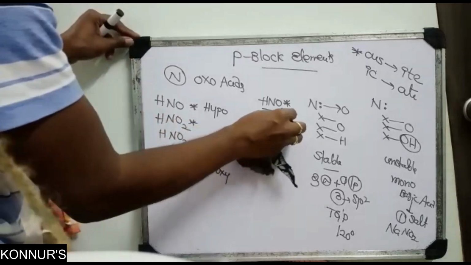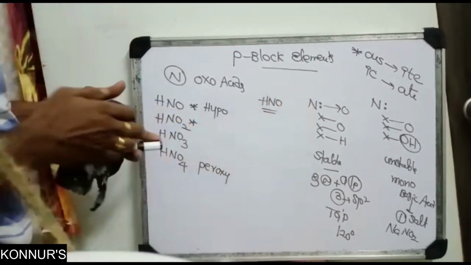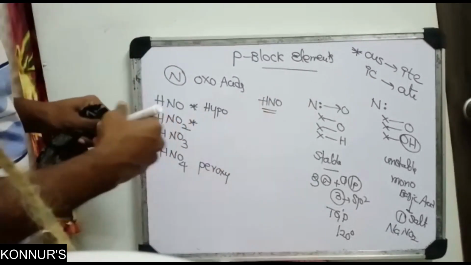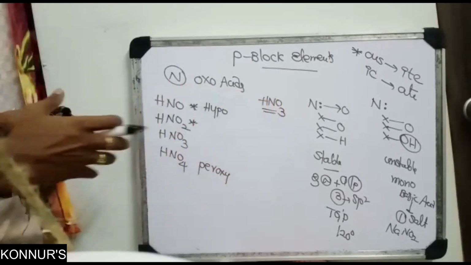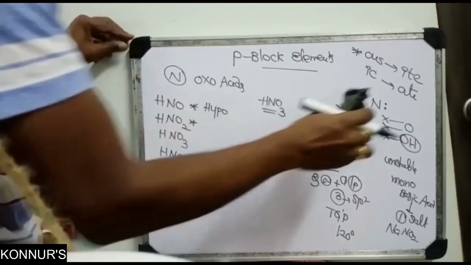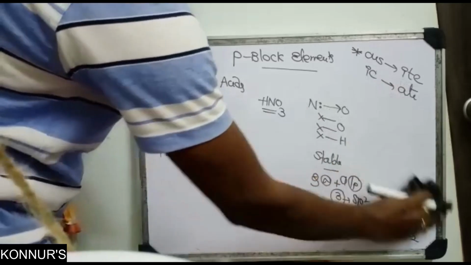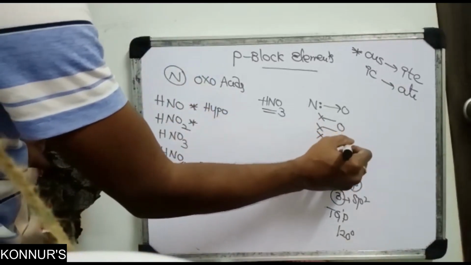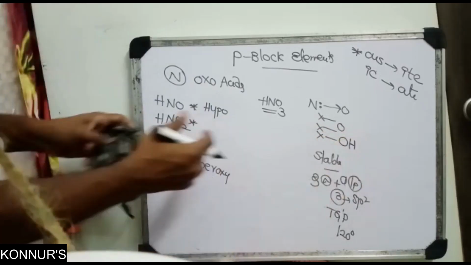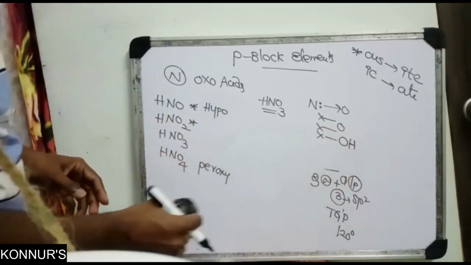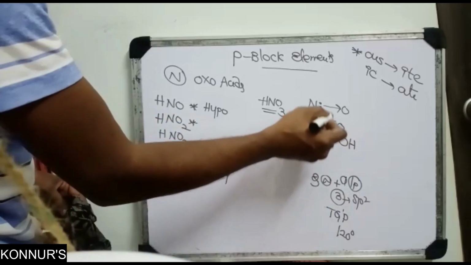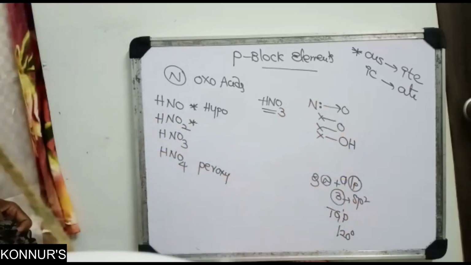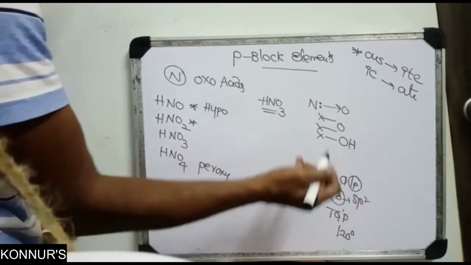Now think about HNO3, that is nitric acid. Here only one structure is possible. Instead of H, you write OH. So only one structure: 3 sigma bonds, 0 lone pairs, 3 means sp2, trigonal planar, 120.